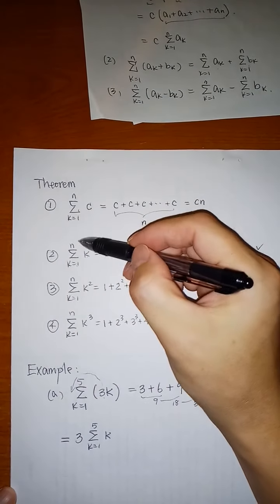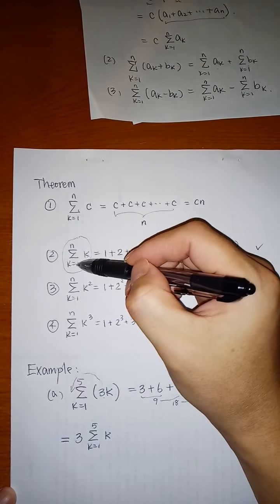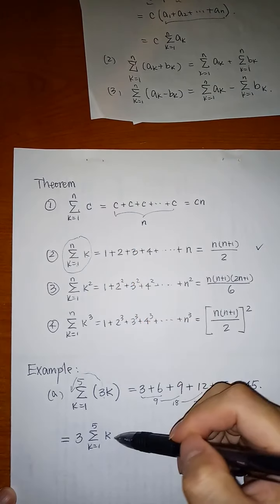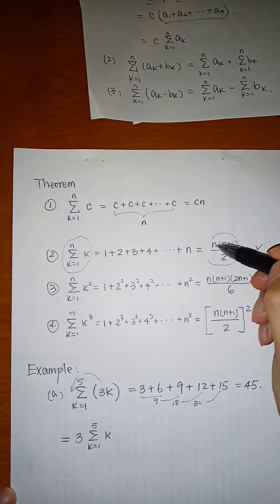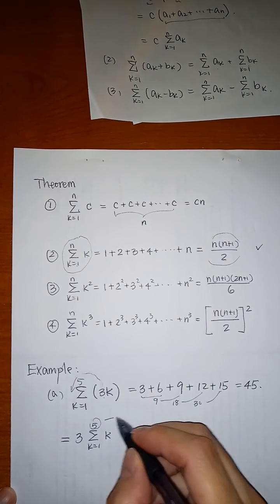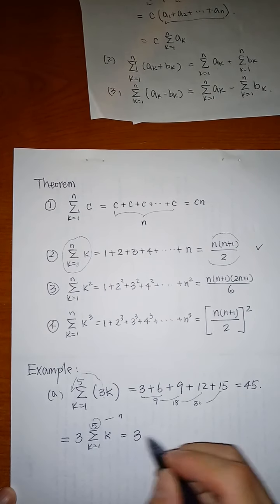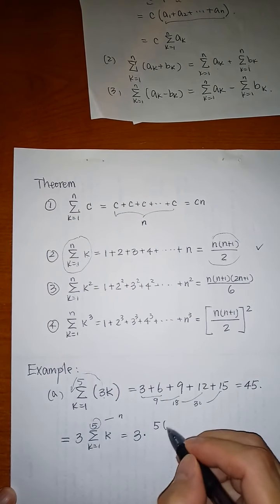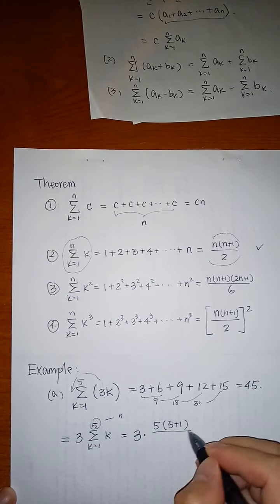And then you see sigma k from 1 to n, k. By the formula, it's equal to n times n plus 1 over 2. Here n is 5. So it is 5 times 5 plus 1 divided by 2.